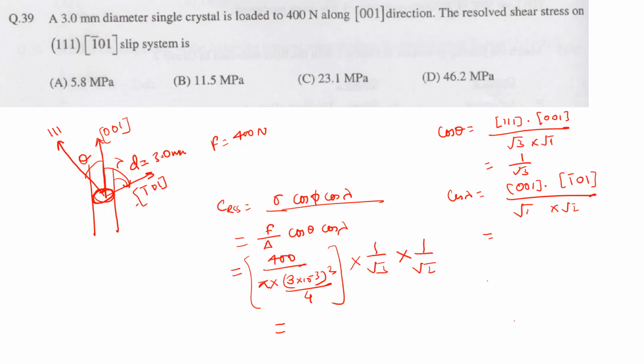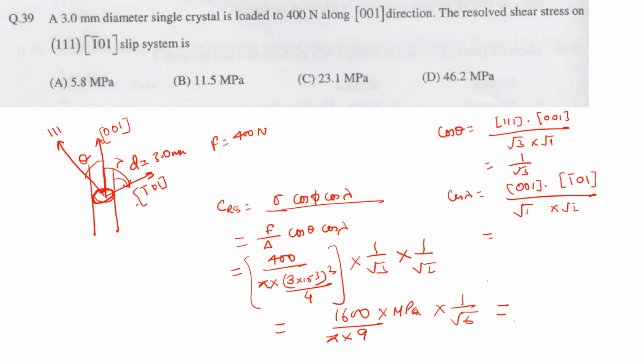So it will be 1600 divided by pi into 9, and this will be in 10 power 6 pascal, so MPa, then 1 by root 6.